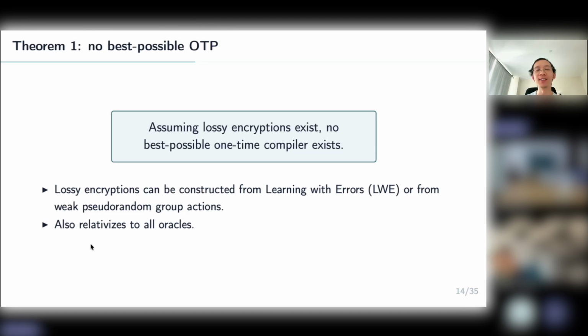For now, we're focusing on the completely unrestricted case. So we are considering every possible functionality, and we are going to match the security notion we achieve with every possible one-time compiler. But we'll discuss this more later.